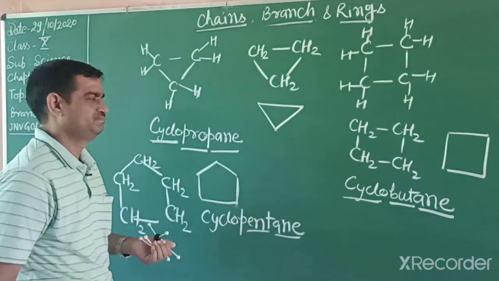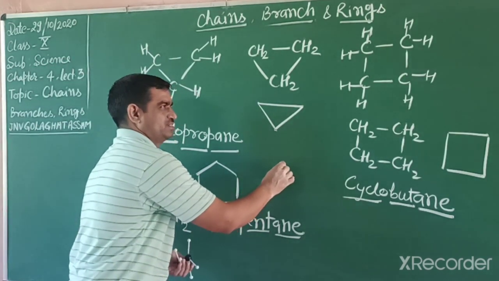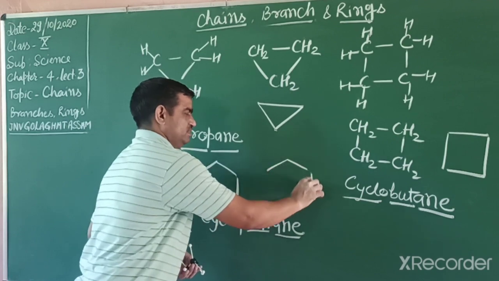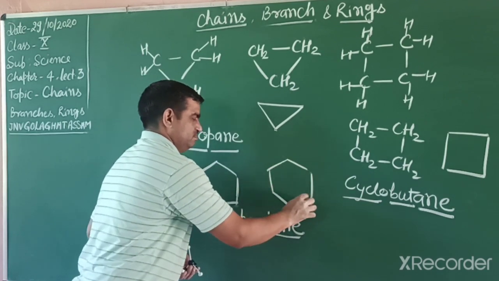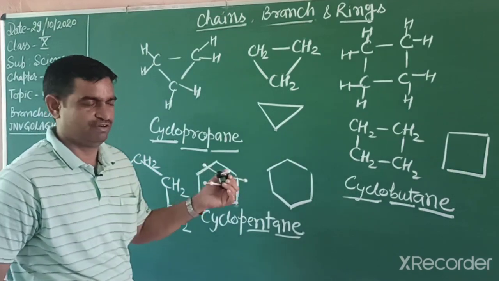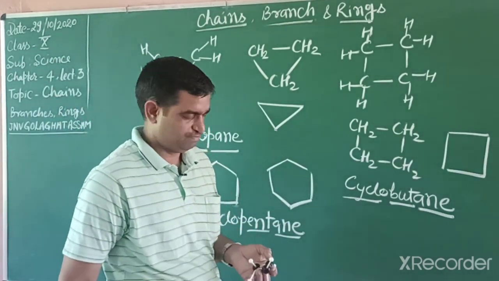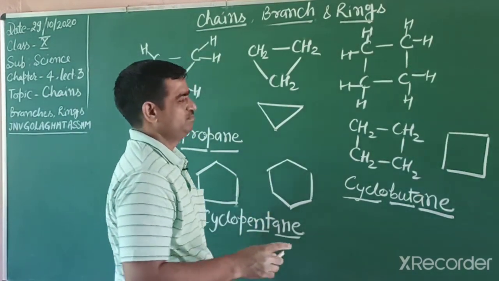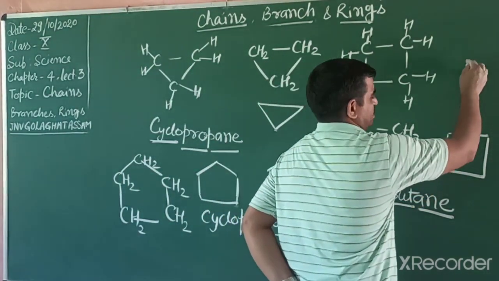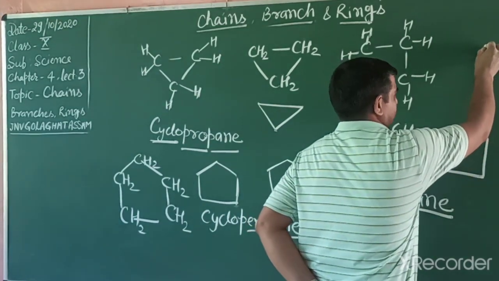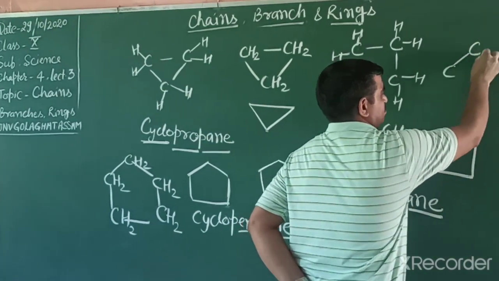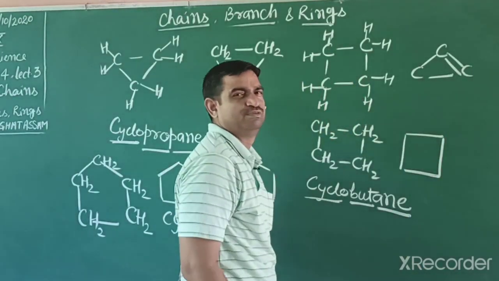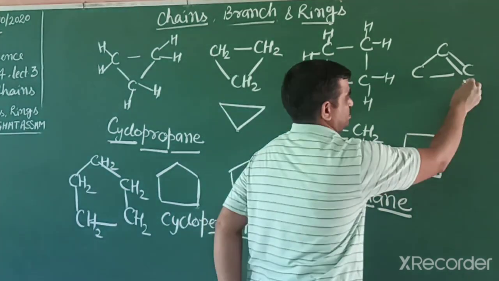6 carbons, then cyclohexane. 6 carbons, we can represent like this: cyclohexane, cycloheptane, cyclooctane. Students, there may be a double bond also. If there is a double bond, we can write a double bond like this with 3 carbons, and between the 3 carbons, if one is a double bond, then what is its IUPAC name?